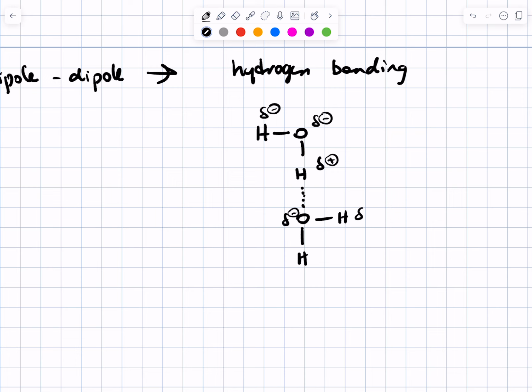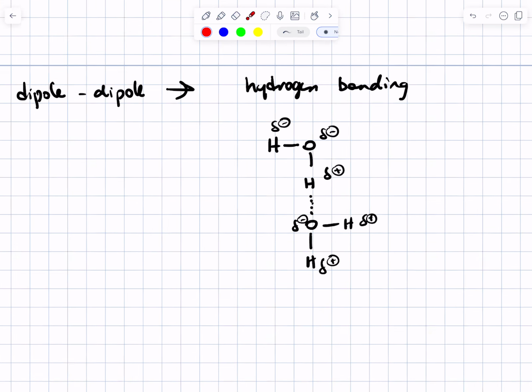So in water, the partial negatively charged oxygen on one water molecule interacts with the partial positively charged hydrogen of another molecule, and that's called a hydrogen bond. These can be pretty strong. And this is the reason why water is a liquid instead of being a gas at room temperature.